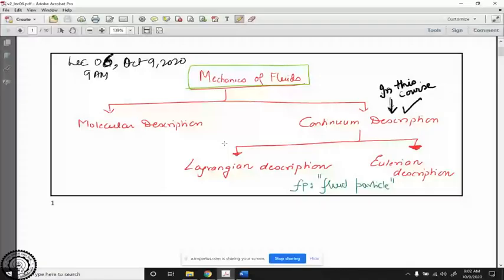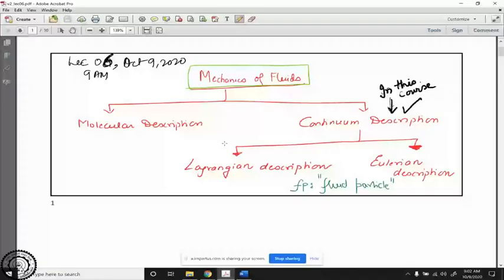So for the rest of the course, continuum description we will focus on. We will get into details of that. And I pointed out in the last lecture that with continuum, there are two possible ways to cast our dependent and independent variable set. First is what we call the Lagrangian description, and the other is Eulerian description.